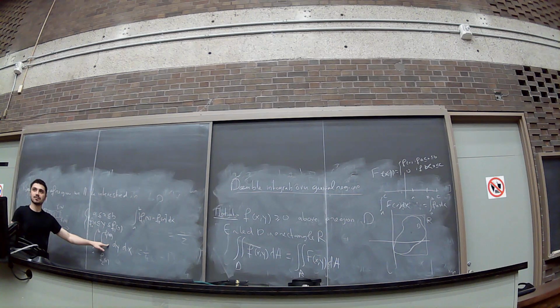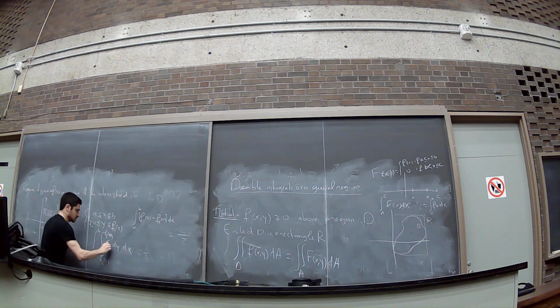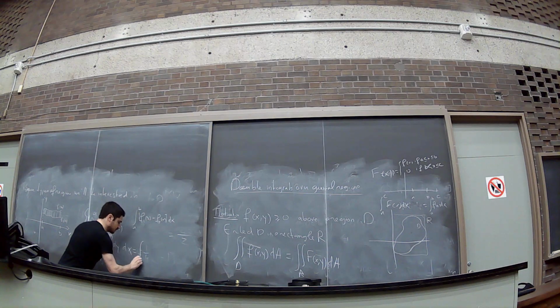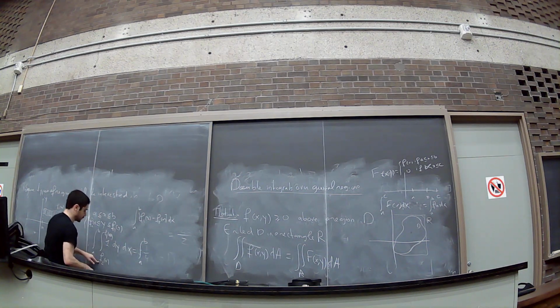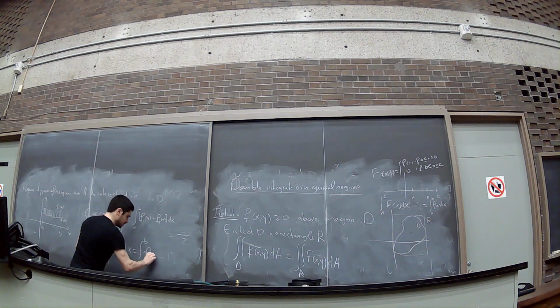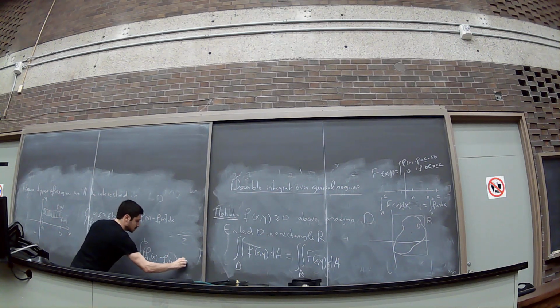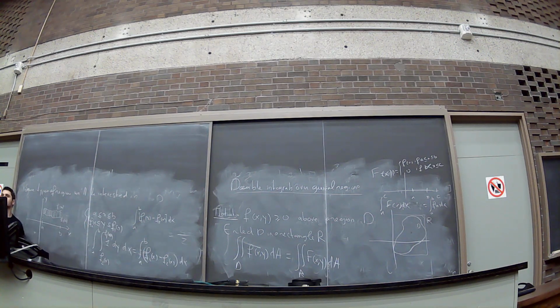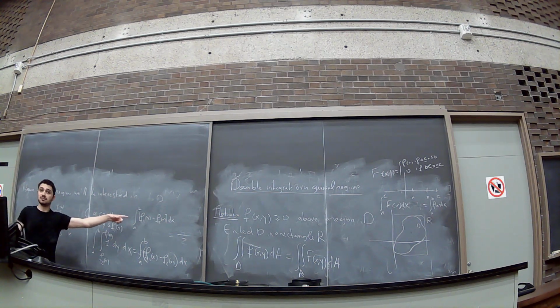This is 1. So y from f2 to f1. So integral from a to b of f1 minus f2. Do I get the same answer back? Is it the same answer as the one you see?